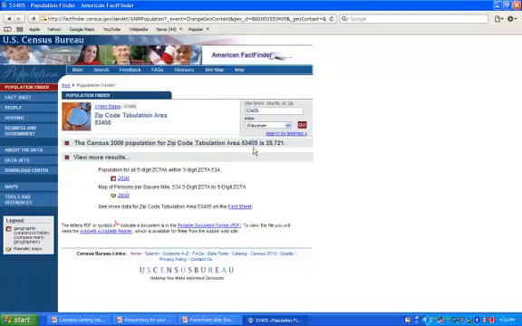Okay, so it's saying that the 2000 population for zip code tabulation area, so that's the information we just looked at. The 2010 information is not available yet on this specific website.